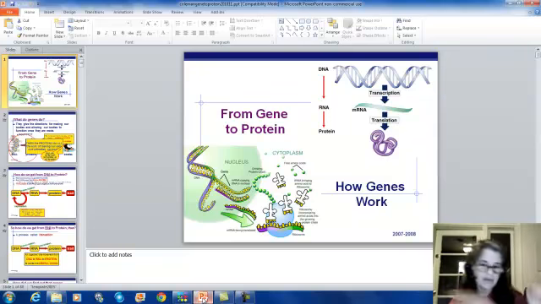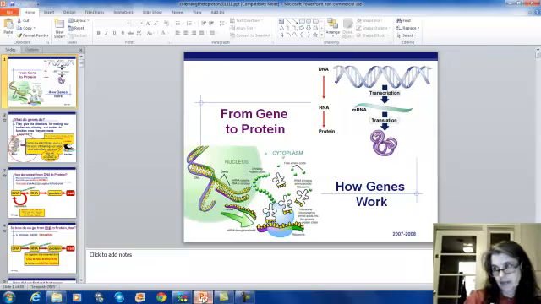But we have not really discussed how it is that this genetic material actually creates a living thing and allows that living thing to function on a day-to-day basis. So that's the job of this part of our study.